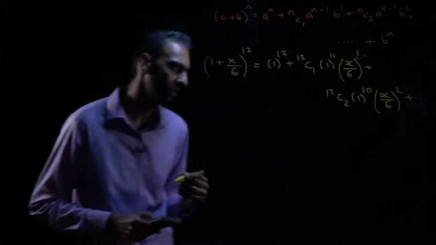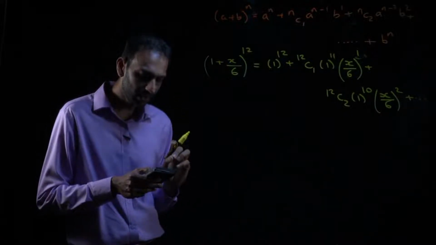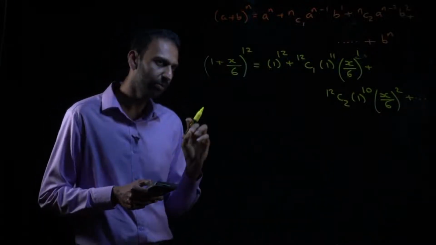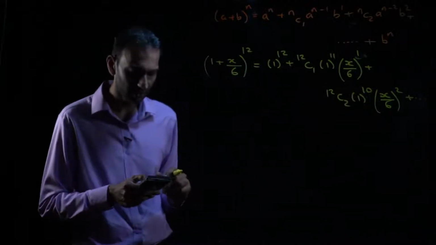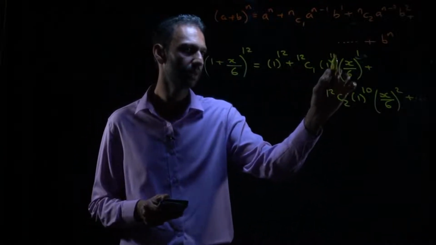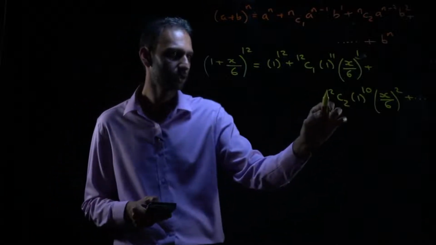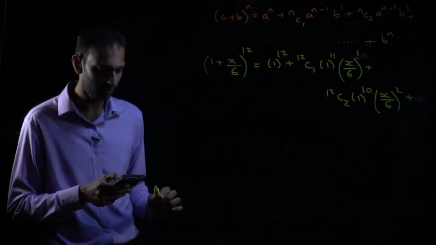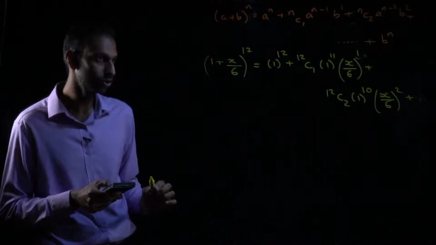We are going to stop here because the question says the product can be written in the form 8 + px + qx². So we only need till x². So let's check: 1^12 + 12C1 (1^11)(x/6)^1 + 12C2 (1^10)(x/6)².